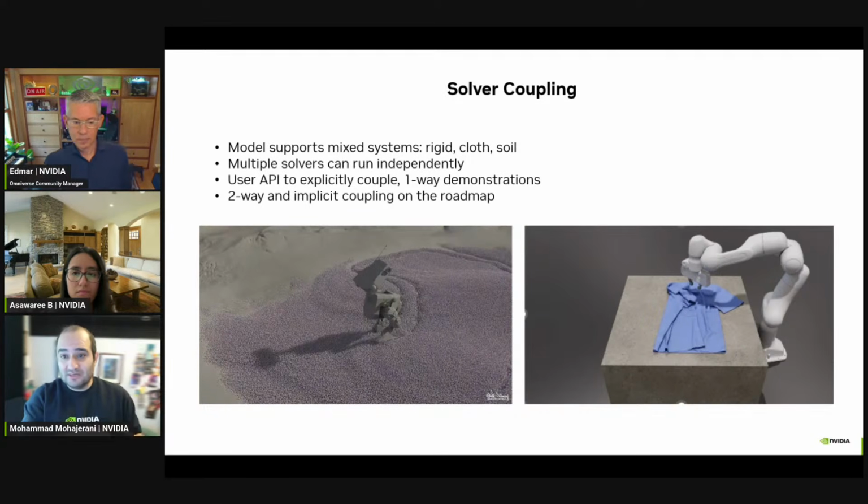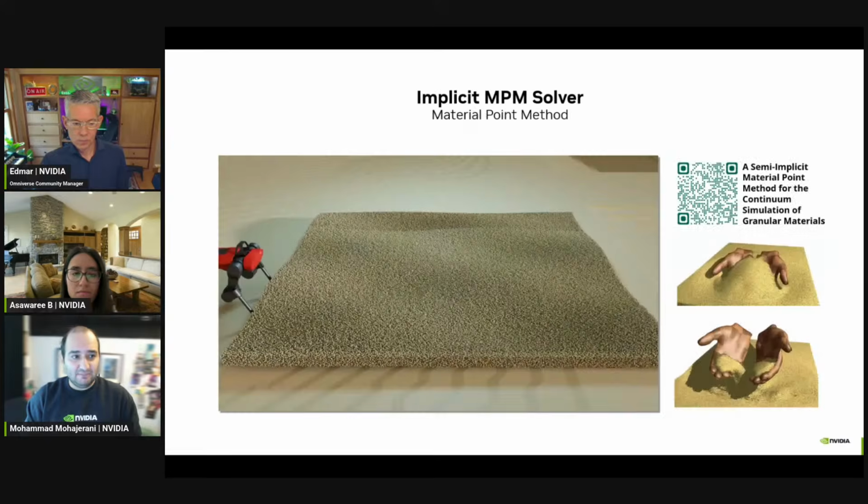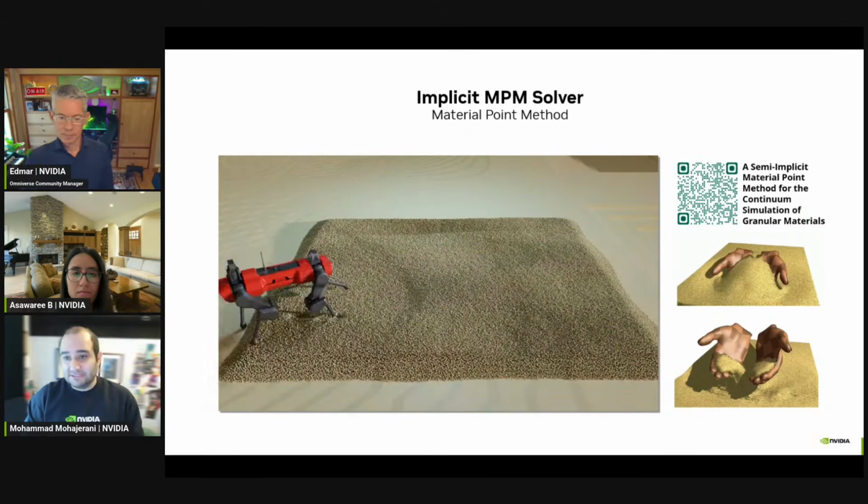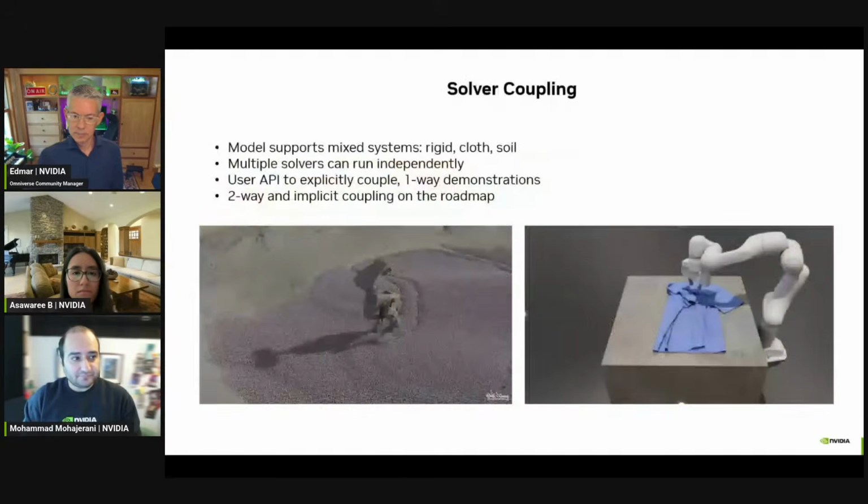What we show here, and also in the animal example I showed, is one-way coupling, but we are working on two-way coupling. I think this is a very complex problem. Co-simulation between different solvers is a complex problem, and that's why open source is really important. We want the community, researchers, and experts in the physics domain to come together and help solve this problem.